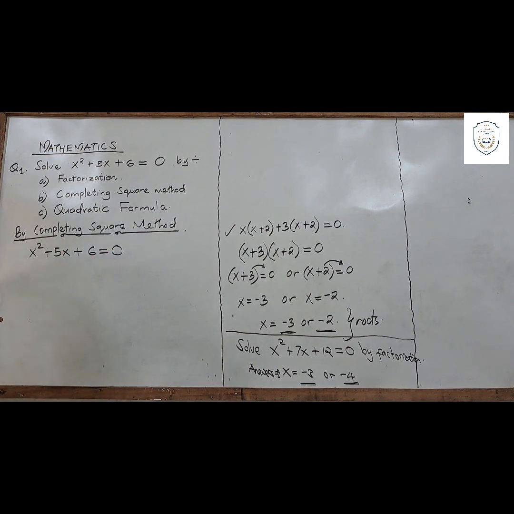Now, you're in an exam and the question says to use the completing square method. The first thing you're required to do is to assume that the c given, that is the 6 here, is not the actual c for a complete square. And therefore you say x squared plus 5x is equivalent to, you take the 6 to the other side, and it becomes negative 6.